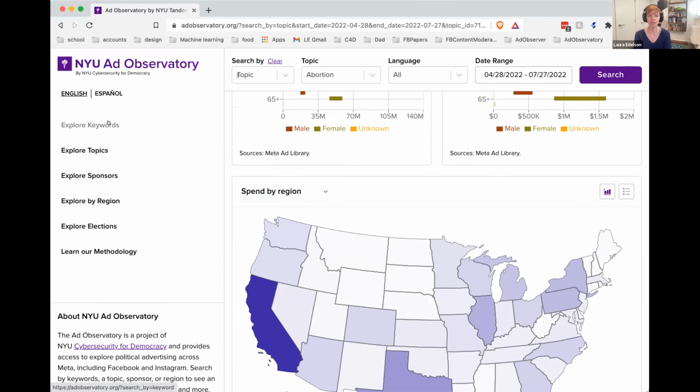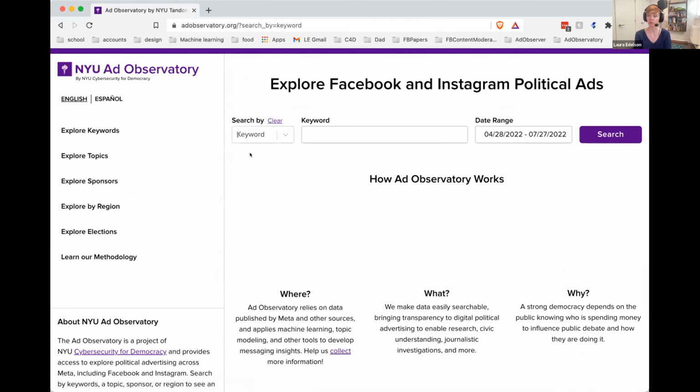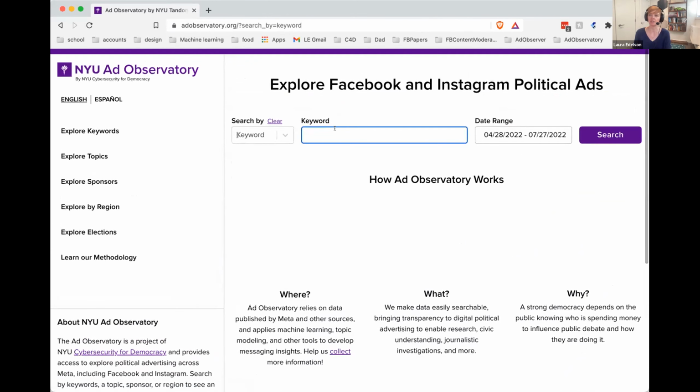So if we wanted to look a little bit more concretely, we have built out these topic models that are fairly complex, but you can also just do a plain old keyword search and see how spend on that particular keyword looks. Just to keep us on one topic, I'm going to search for the actual word abortion.